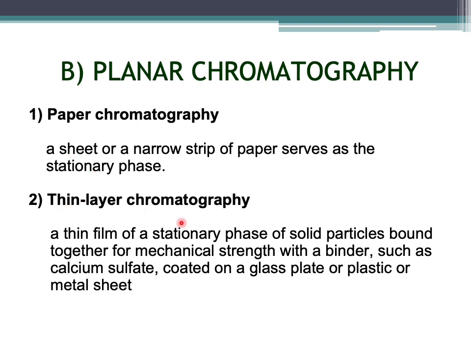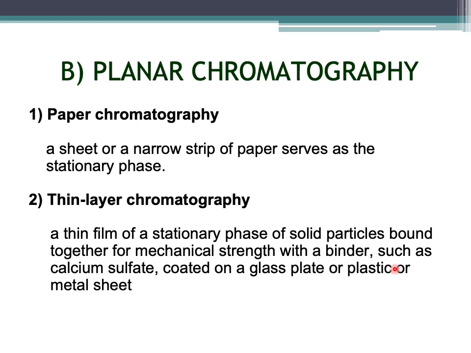For thin layer chromatography, okay, it is a thin film of a stationary phase of solid particles bound together for mechanical strength with a binder such as calcium sulfate, coated on a glass plate or plastic or metal sheet.